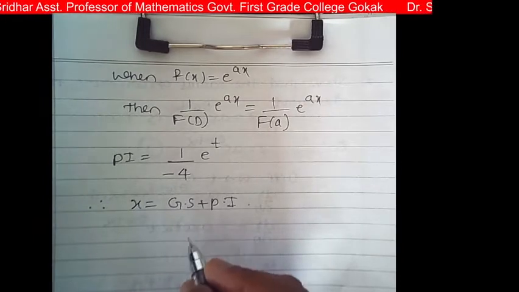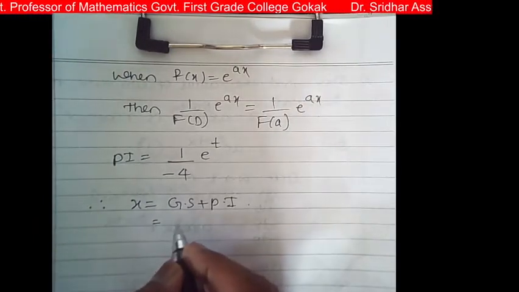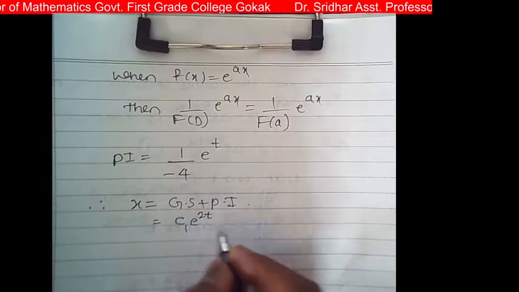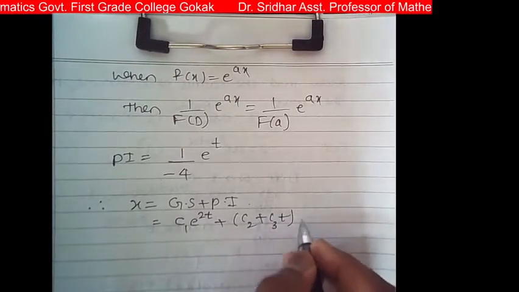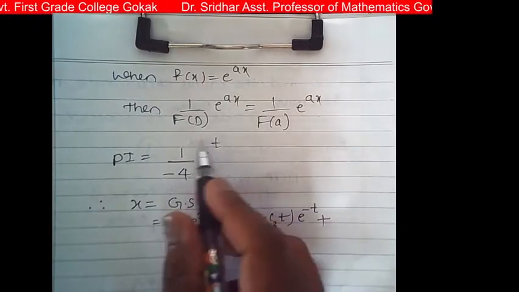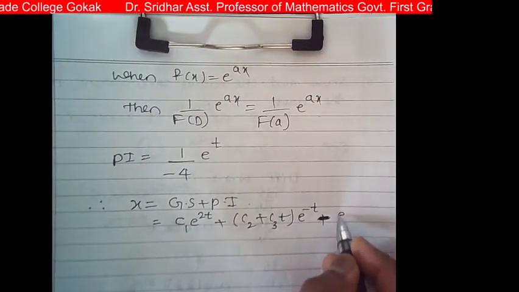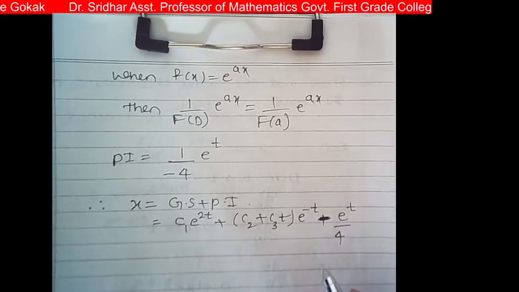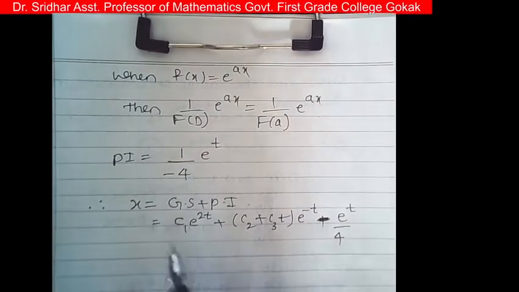The general solution is c1 e raised to 2t plus (c2 plus c3 t) e raised to minus t, and the particular integral is minus e raised to t divided by 4. Okay, so this is x.